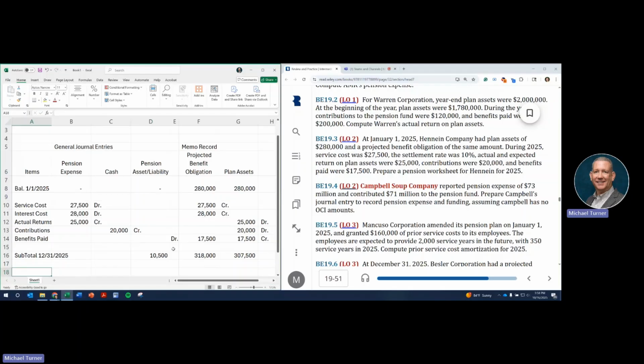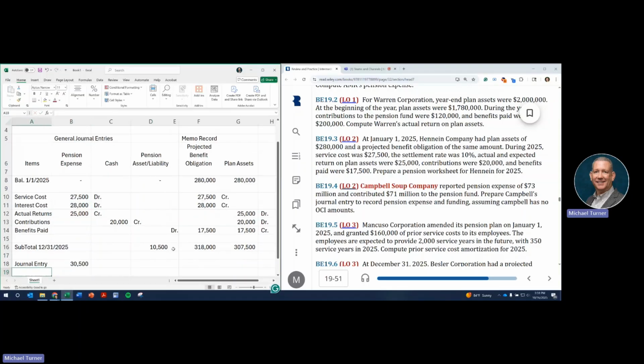Therefore, the journal entry required for our pension expense, I've got a debit to service cost, an increase. I've got an increase in the expense related to the interest cost, minus actual returns. So my pension expense is actually $30,500, and that's going to be a debit.